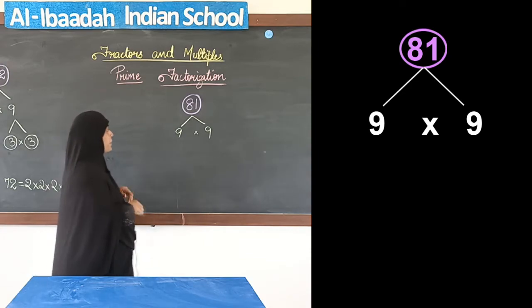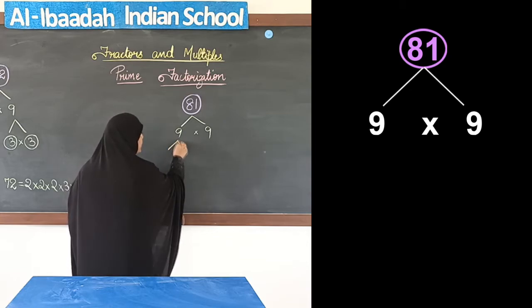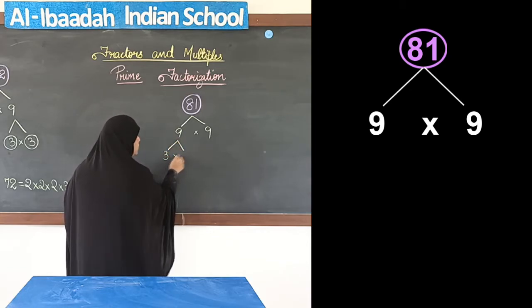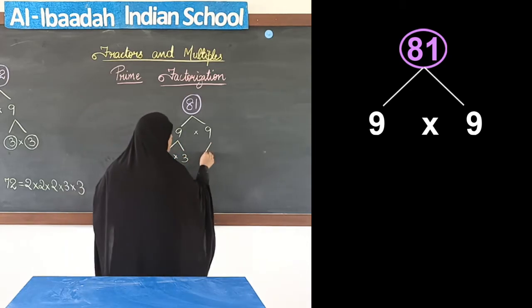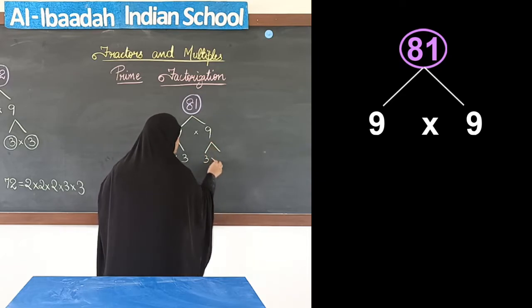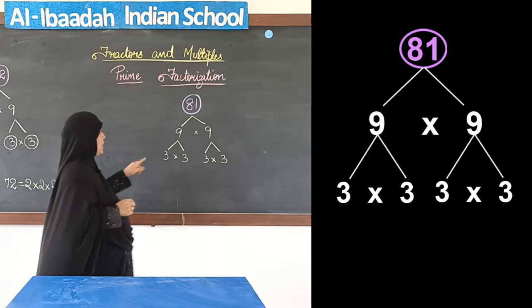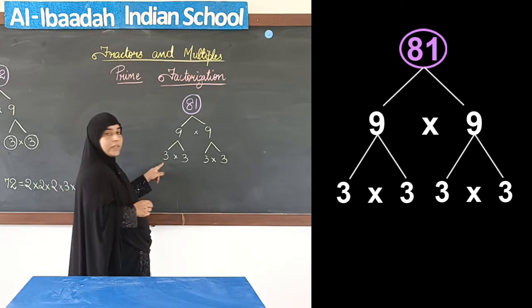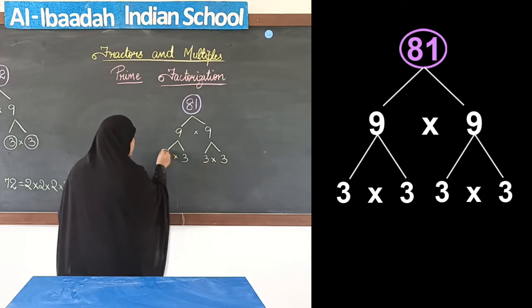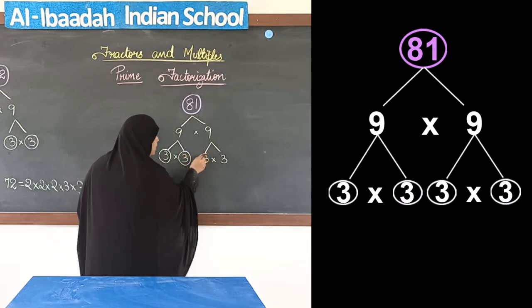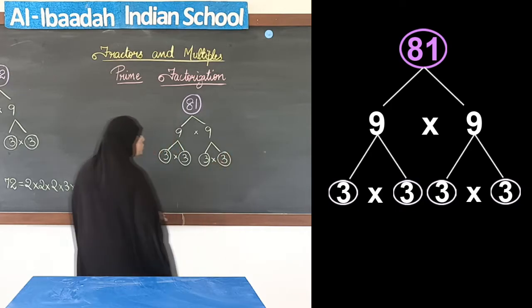We need prime numbers. So, 9 again we are going to write as 3 into 3. The other 9 also we will write as 3 into 3. Now, you can see we have got the prime factors. We have got four 3s over here which are prime factors: 3, 3, 3 and 3. So, these are the required prime factors of 81.